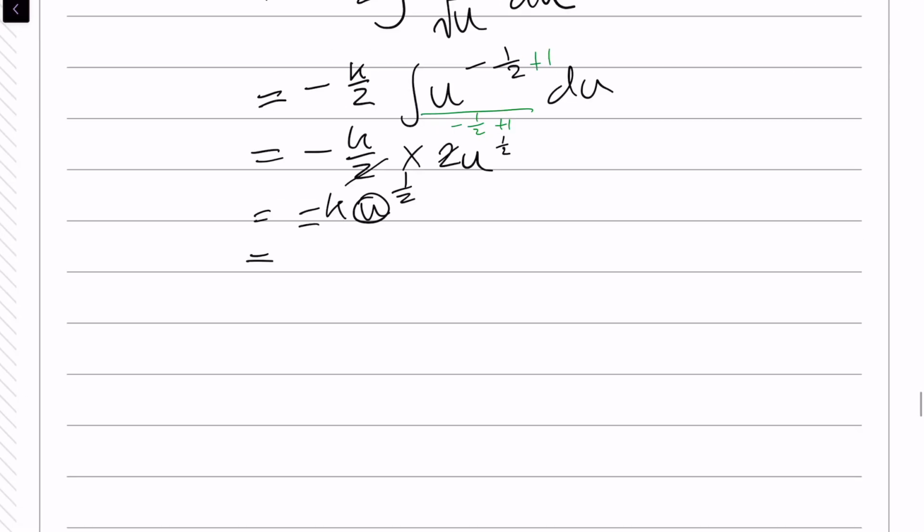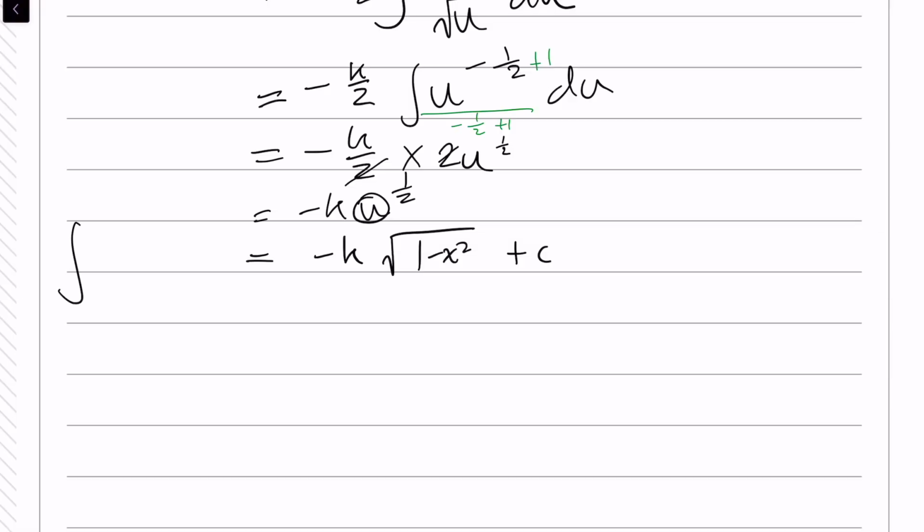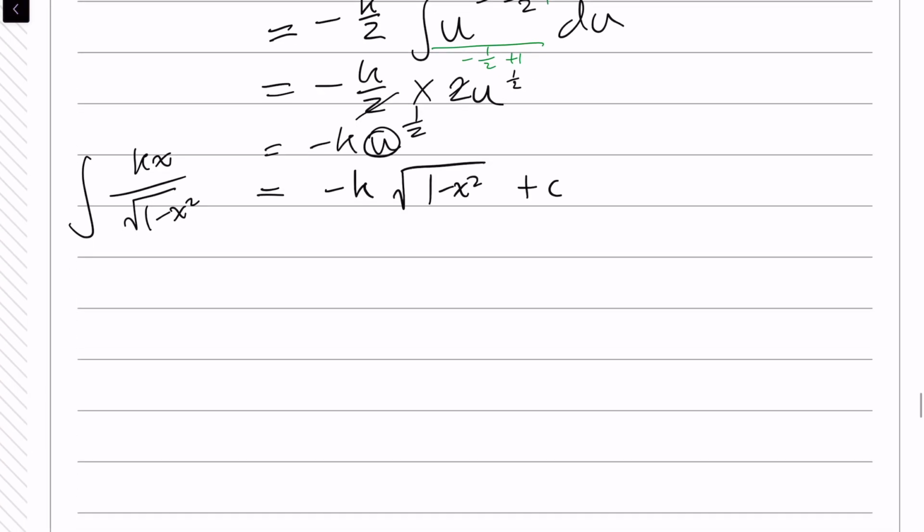So negative k times the square root of 1 minus x squared plus c is my indefinite integral for this entire thing, the integral of kx over square root of 1 minus x squared.